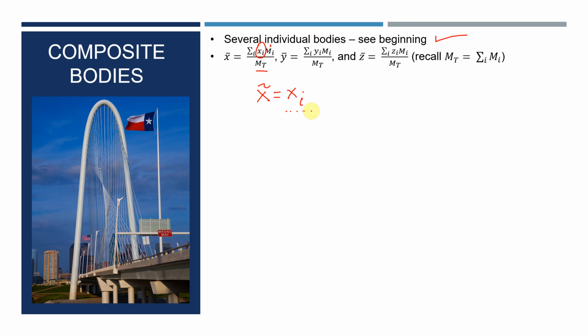The x-coordinate of the center of mass of each individual body, I for individual. Y tilde equals what I call y sub I, and z tilde is what I call z sub I. Whichever notation you feel most comfortable with.